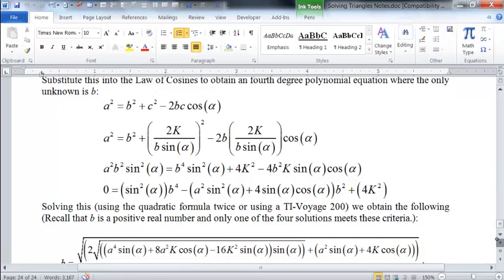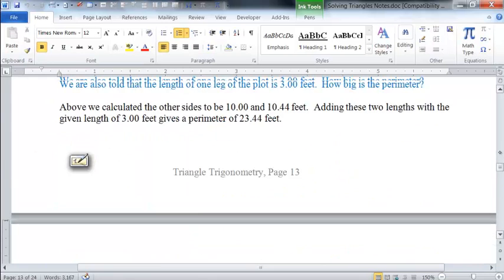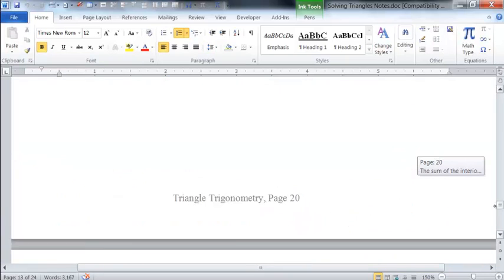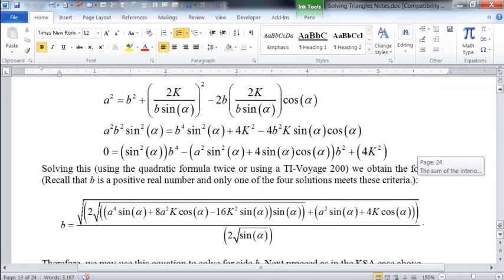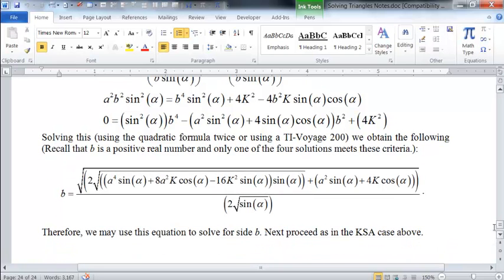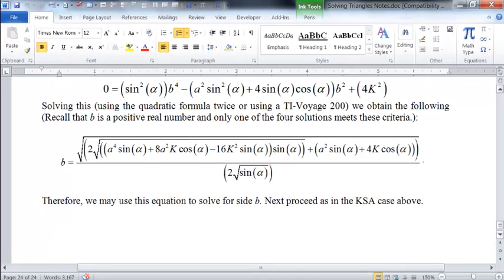When I worked this out, I had to use some special software to solve it, and you get this messy formula here, and you can use that. But that's solving a fourth degree equation, so that's a bit of a mess for that one.